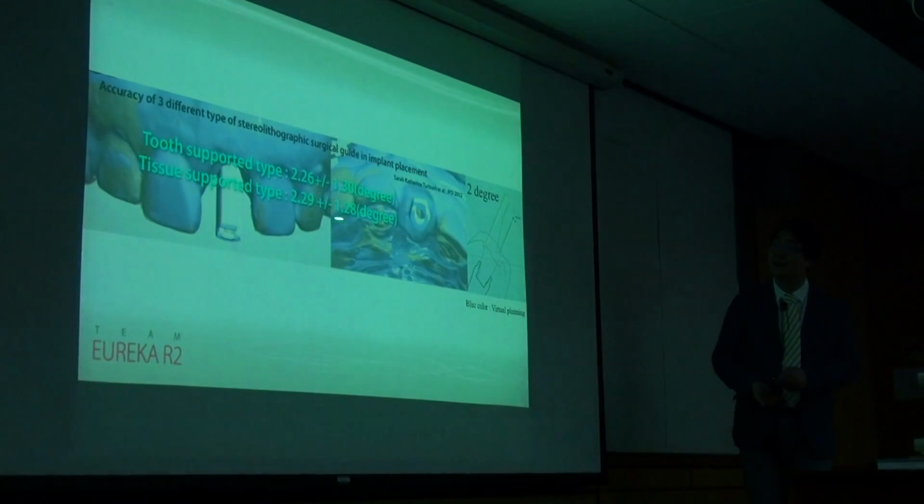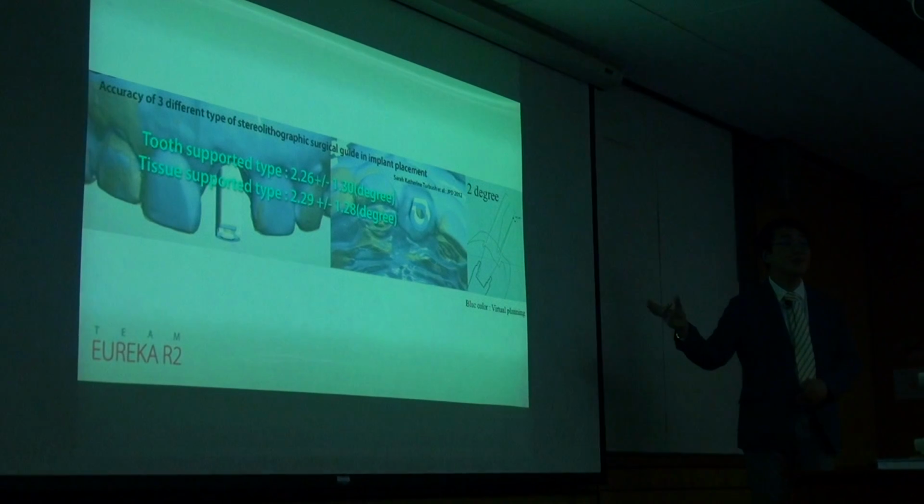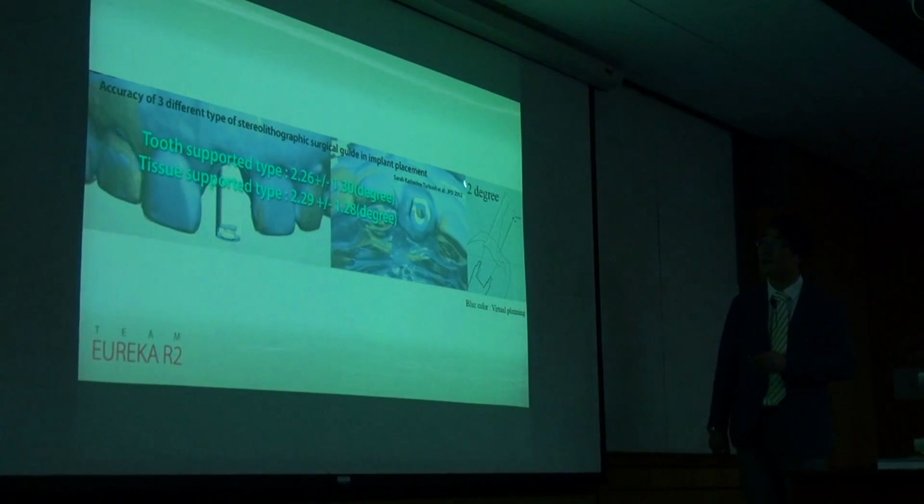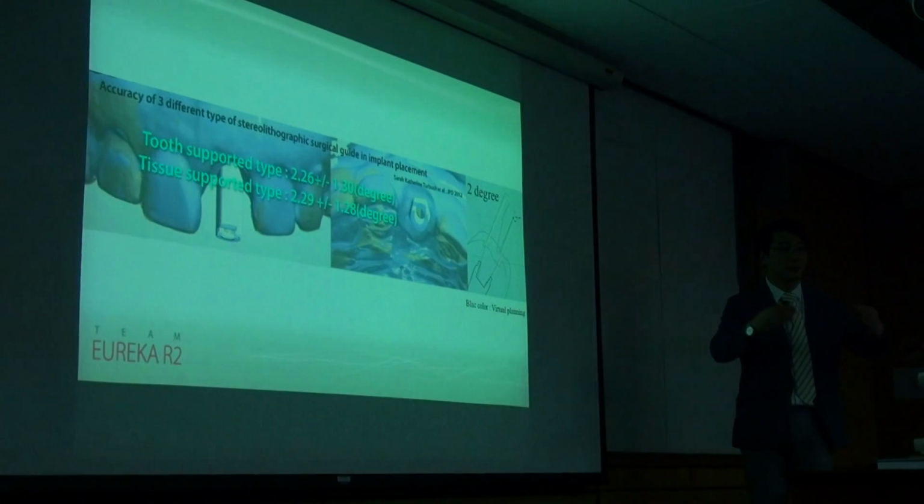Anyway, articles say average deviation is around 2 degrees, so it is inside of the tolerance. This is one of the worst cases, a soft bone, not healed region. So if you keep the rules, the surgical result is inside of the tolerance.